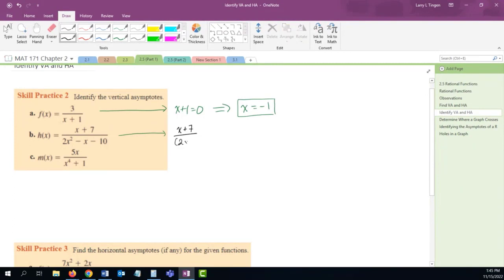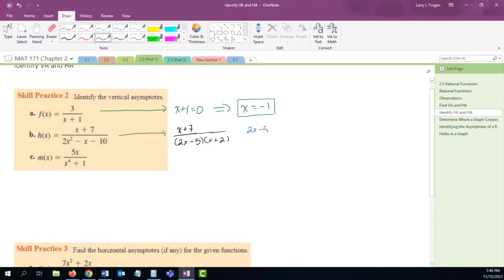Why am I bothering to do this part? Because if the numerator and denominator share a factor, then I don't have a vertical asymptote. But there's no x plus 7 in the numerator and denominator, so they don't share a factor. So I don't have any holes. These are both asymptotes.